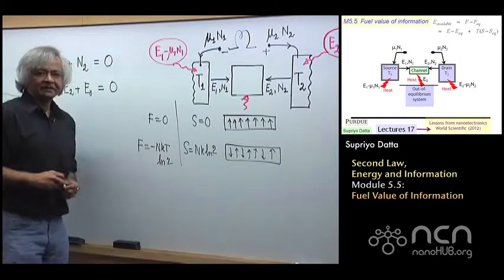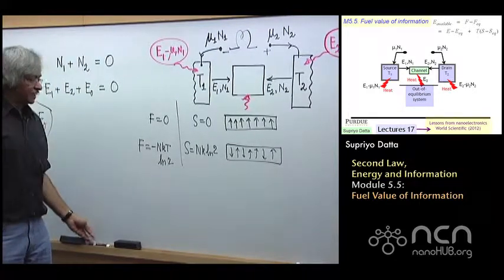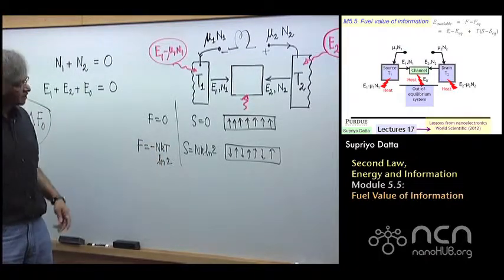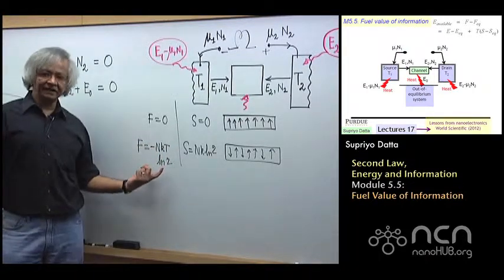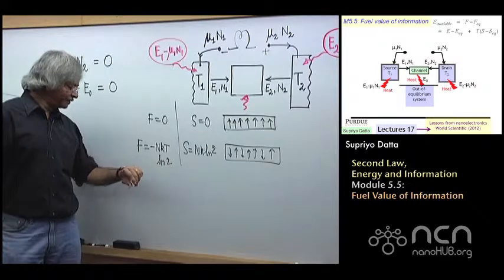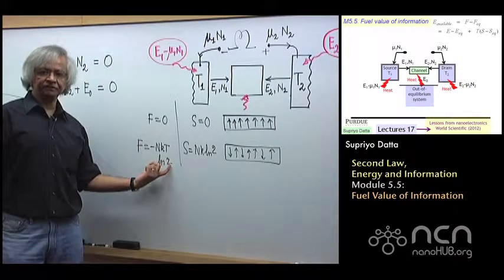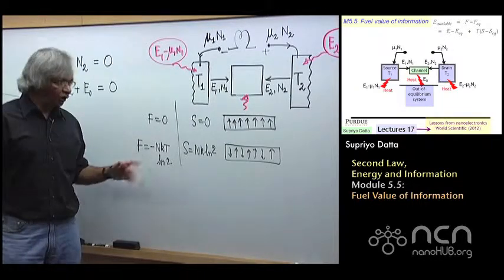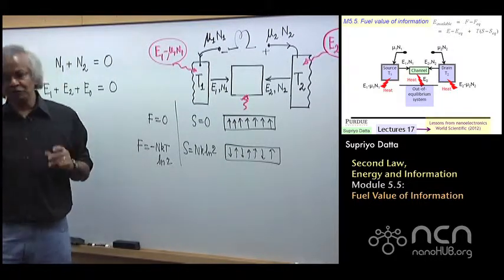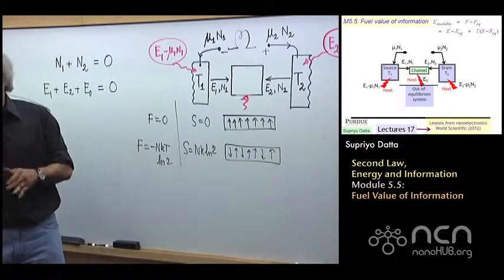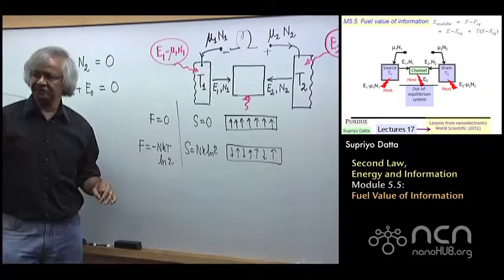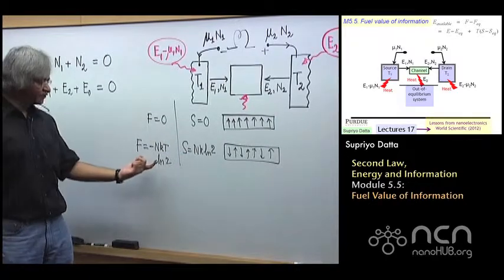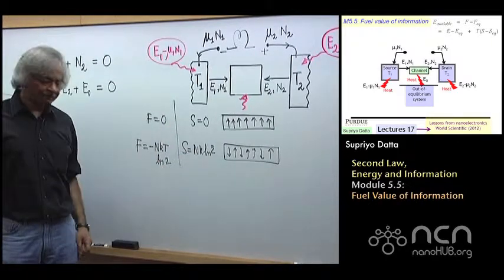So what the second law says then is that since the free energy has gone down by that much, in principle, you could build a device that would extract that much energy out of this system. Of course, you have to be clever. It doesn't tell you how you would build the device. That's up to you. It just says that, according to the basic principle, you should be able to build a device that would extract this energy out of it.